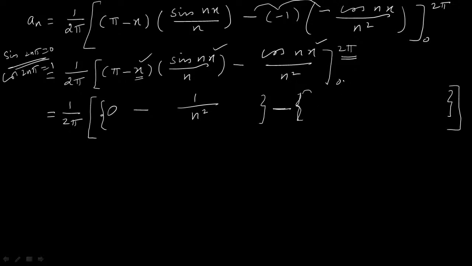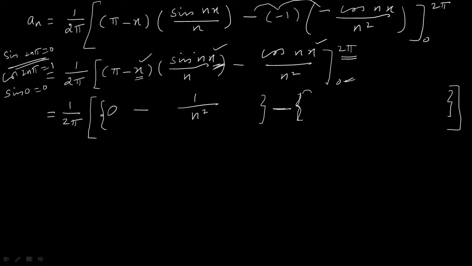Coming to the lower limit value, here x takes 0. If you substitute 0, what do you get? First look at the sine term. If you replace x by 0, what do you get? Sin 0. The value of sin 0 is 0.